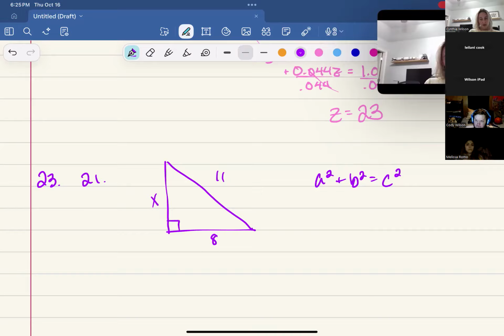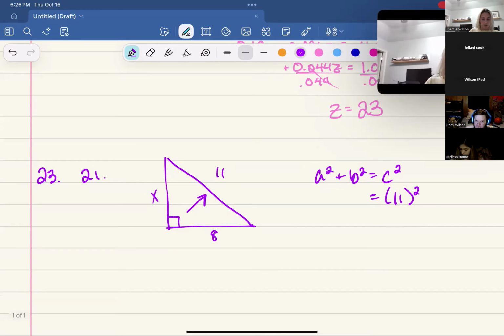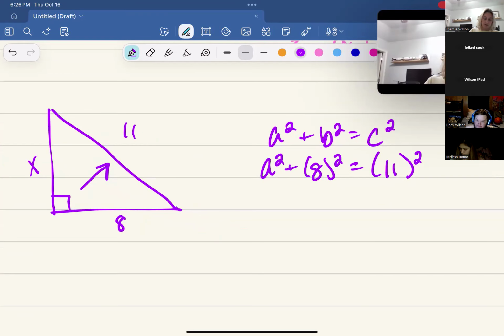Okay. All right. So hypotenuse is always the C, so 11 is the C. And it doesn't matter which one's A or B. It's one of the legs. So we've got A squared plus 8 squared equals 121. So 64, 121.